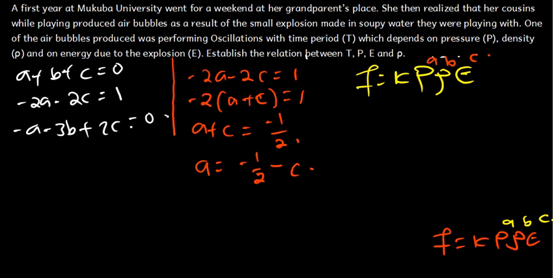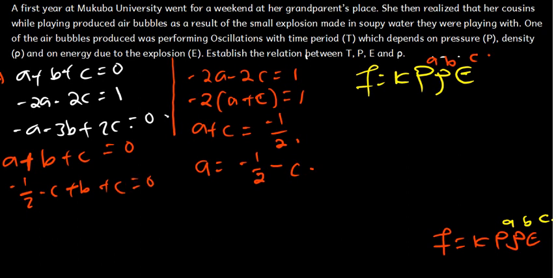Okay. Now from here, in the first equation, where there is A, let's put negative half here. So we have A plus B plus C is equal to 0. Where there is A, let's put negative half minus C, plus B, and we also have plus C, is equal to 0.